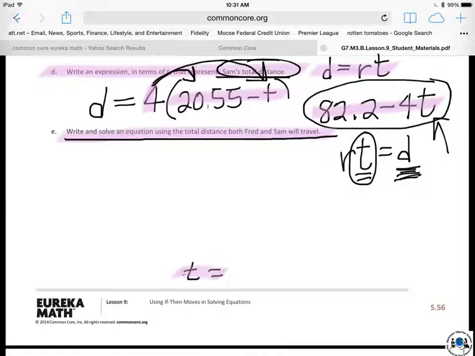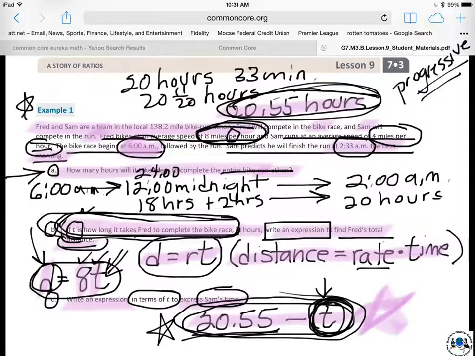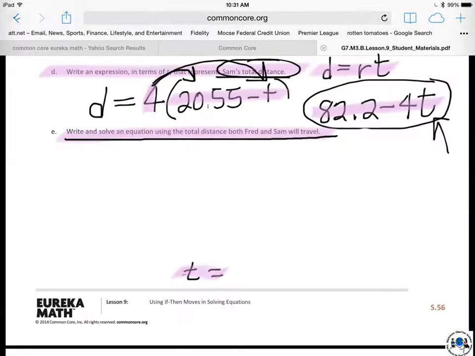You might have forgotten about that, I'll tell you the truth, I had, and that distance, remember, was 138.2 miles. So if we go ahead and write this RT equals D, which is the same as D equals RT, let's put equals here, and then 138.2. That's the total miles.